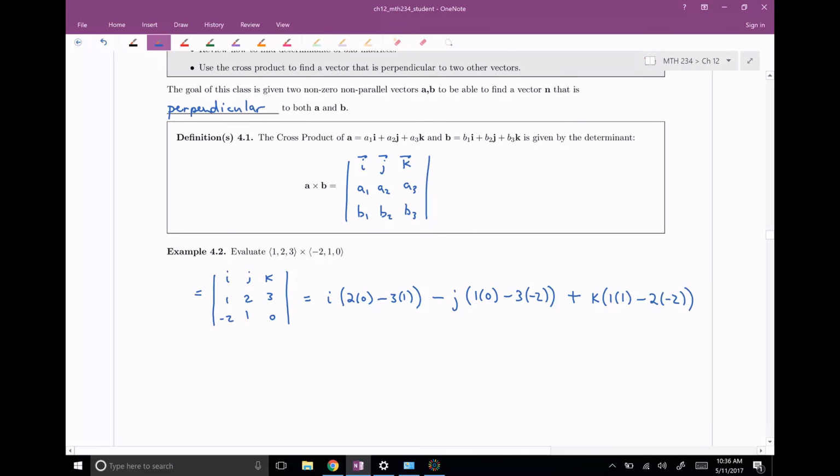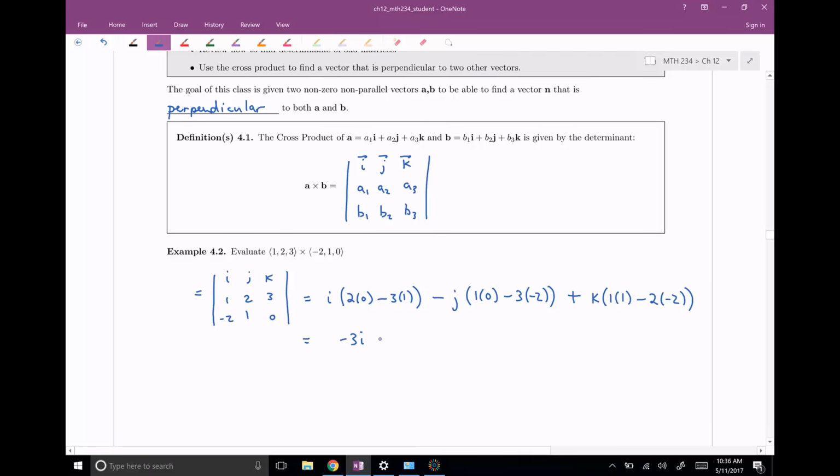And you can see that this is forming a vector in its own right. So this is some scalar right here times I. So let's go ahead. This is 0 minus 3. So this is negative 3 i's. And then let's see, we have 0 minus negative 6. So this is 0 plus 6. But we have this extra minus sign.